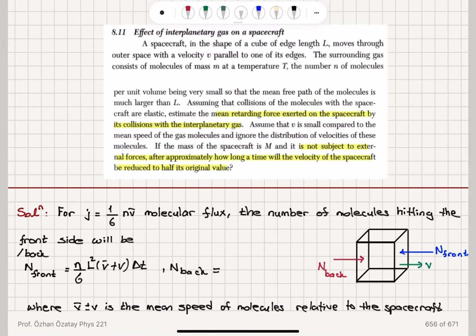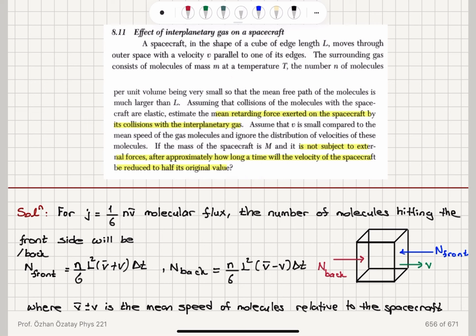With similar reasoning, these molecules approach from the back, and their relative speed with respect to the back side will now be v bar minus v. So the number hitting from the back will be n over 6 L square times v bar minus v, multiplied by delta t.